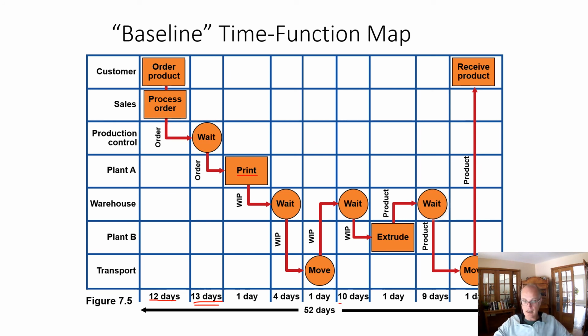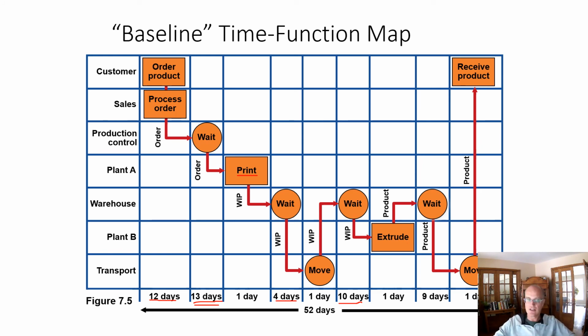Again, we have actually 14 days. It waits to get moved to the other plant, and then it waits to get extruded. So we essentially have 15 days from when it's printed to when it goes through the second process.